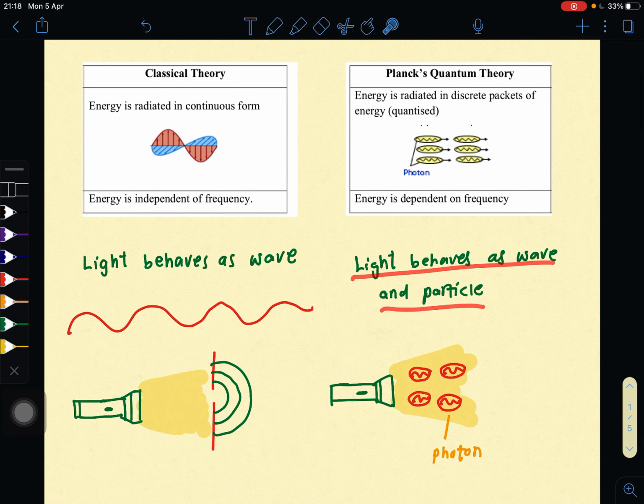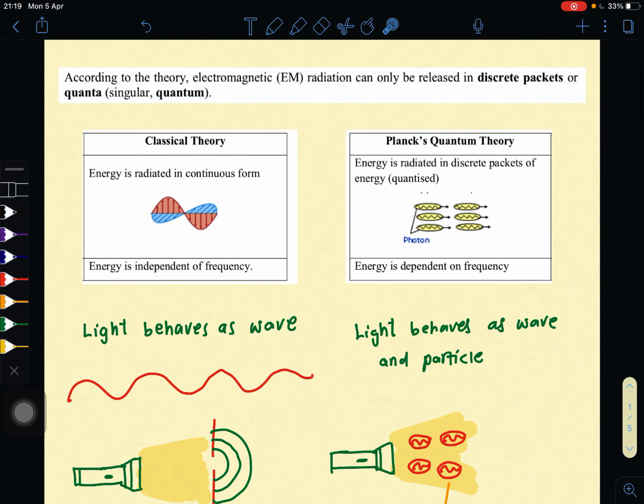This is the modern theory. The scientist who came up with this theory is Planck, that's why we name it Planck's quantum theory, where energy is dependent on frequency. So each packet has energy that depends on frequency.